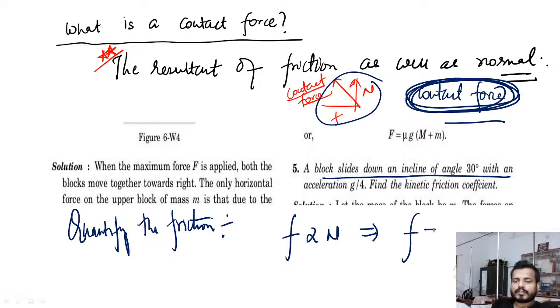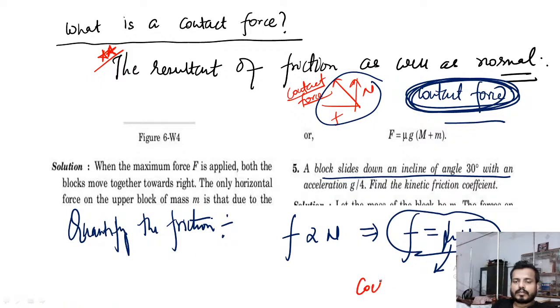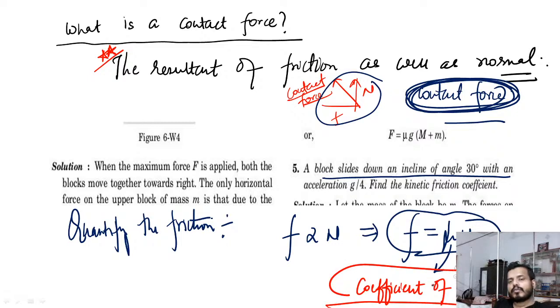So friction is equal to mu into N. Here mu is the coefficient of friction.